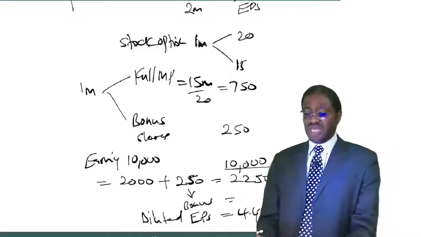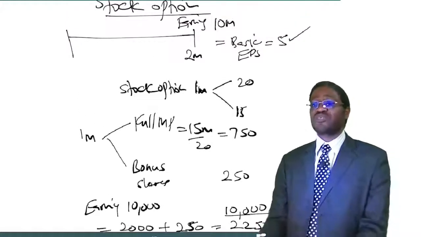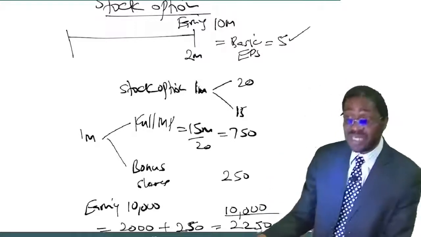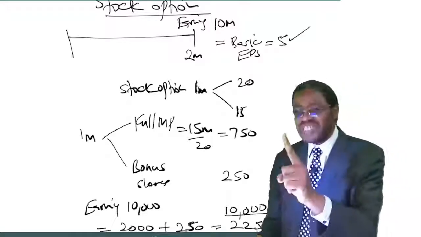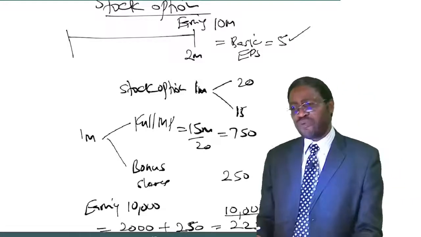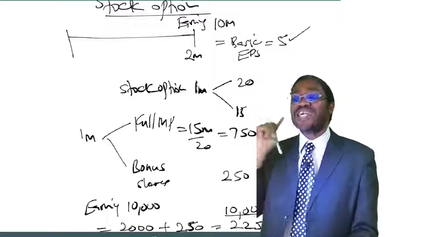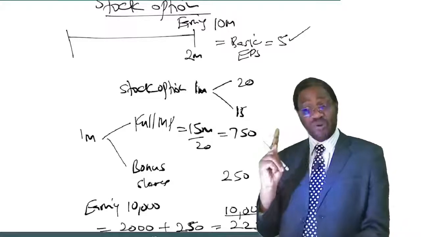Remember, your basic EPS was 5 when we were computing it somewhere. Yes, there it is, 5. But we are telling the existing shareholders, it is possible your earnings could be diluted to 4.4 shillings if the employees had exercised their right and bought the shares.